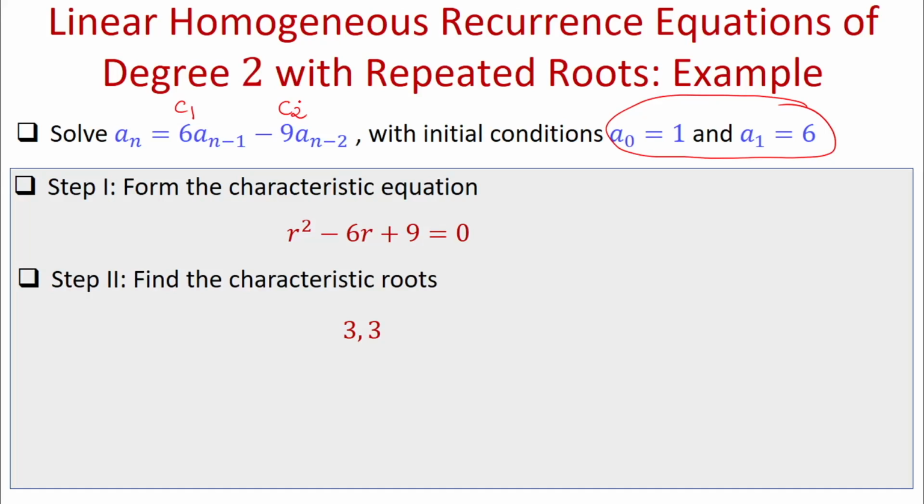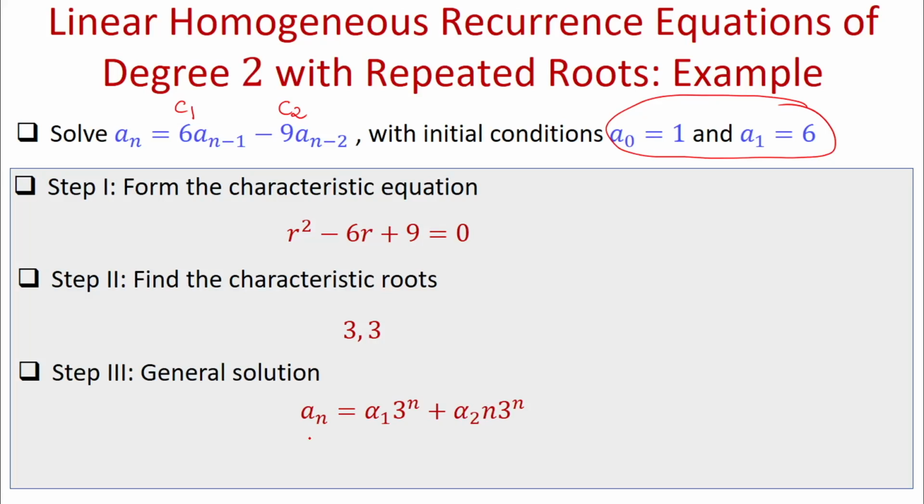The next step is finding the characteristic roots, and in this case the characteristic roots are the same, namely 3 and 3. That means the general form of the solution will be a constant times 3 power n plus another constant times n into 3 power n. This will be the general form of the solution.